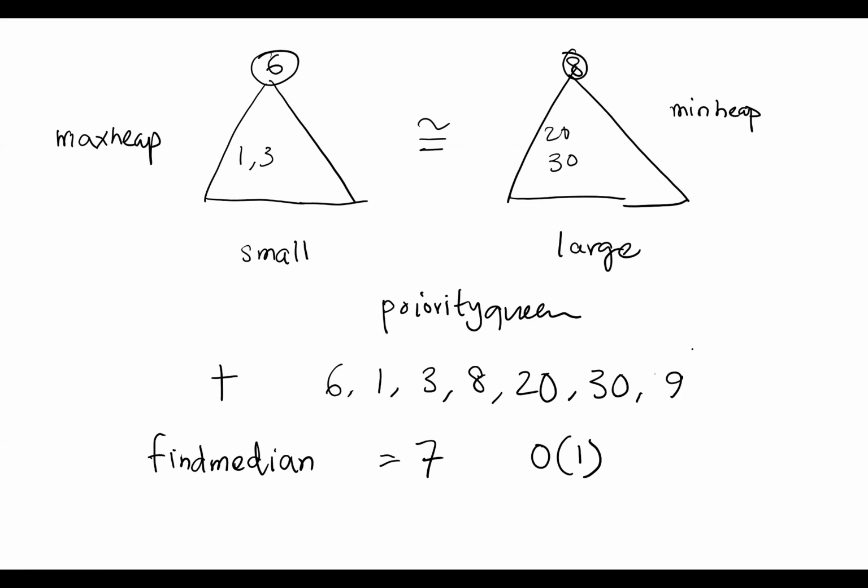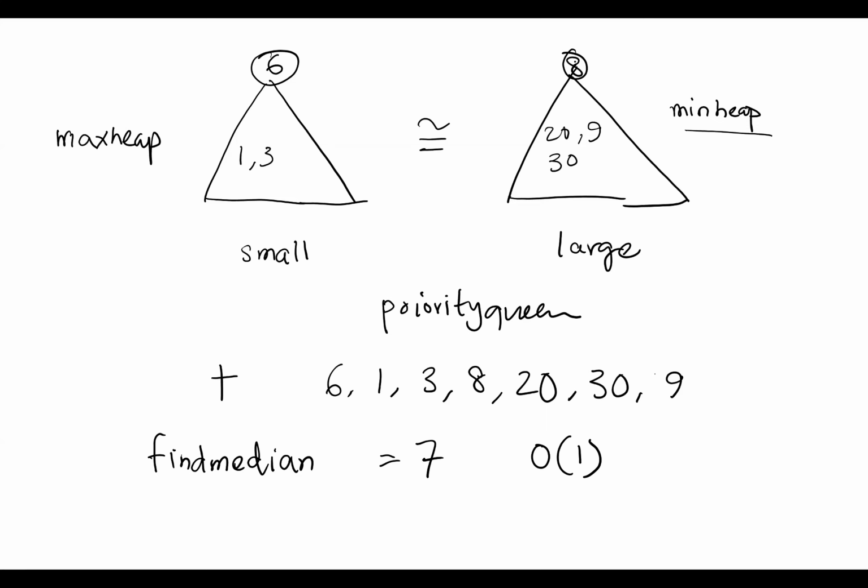We have to make sure that if we have an odd number of elements, one of the heaps will contain one more element. In my case, I will keep the min heap the larger one. That means when there is an imbalance, the min heap will have one more element. So 9 will go here. Still 8 will be on top.